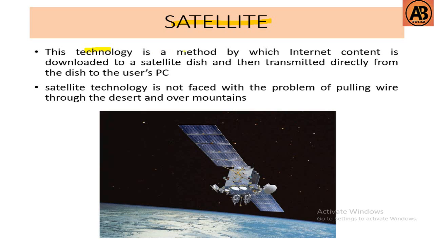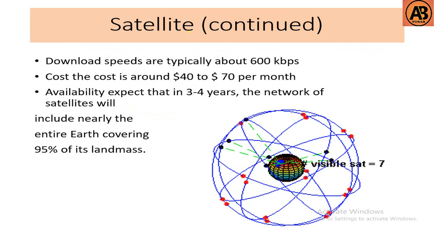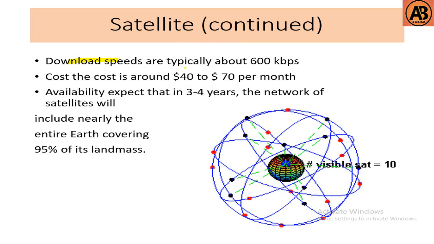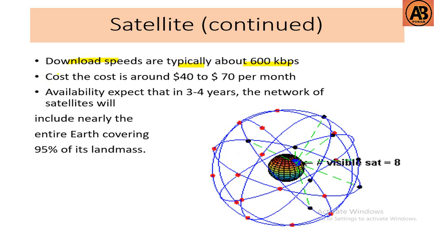This technology is a method by which internet content is downloaded to a satellite dish and then transmitted directly from the dish to the user's PC. Satellite technology is not faced with the problem of pulling wire through the desert and over mountains. Satellite. Download speeds are typically about 600 kbps.